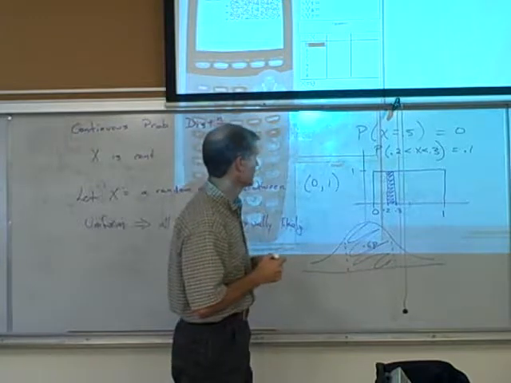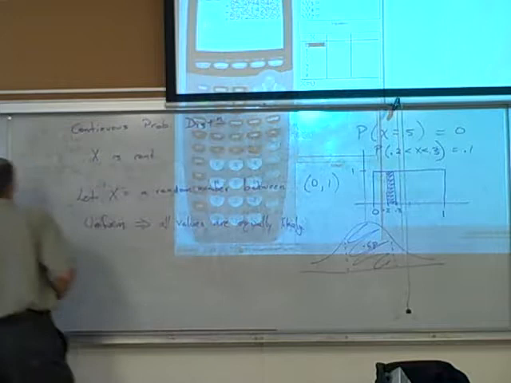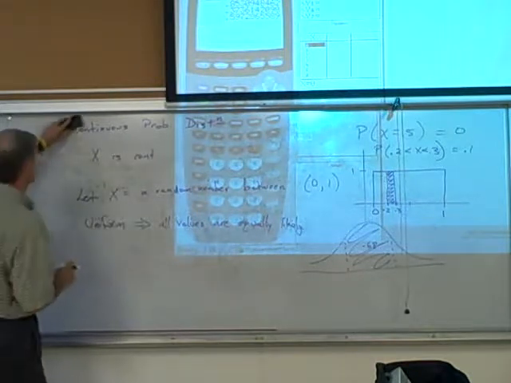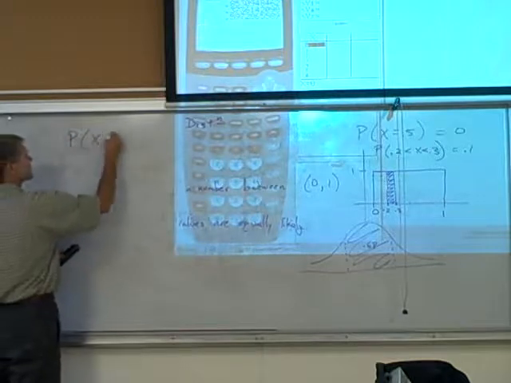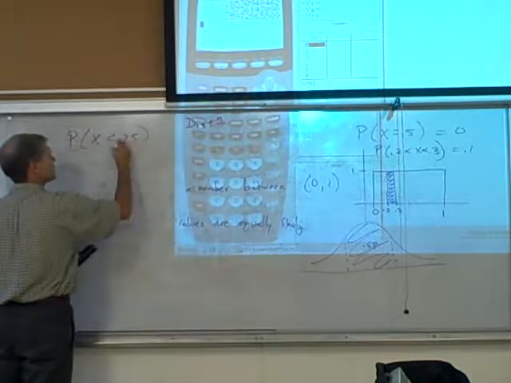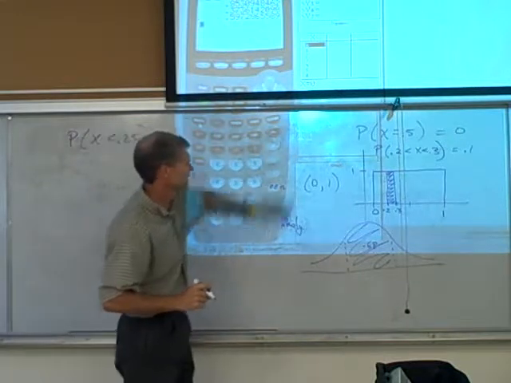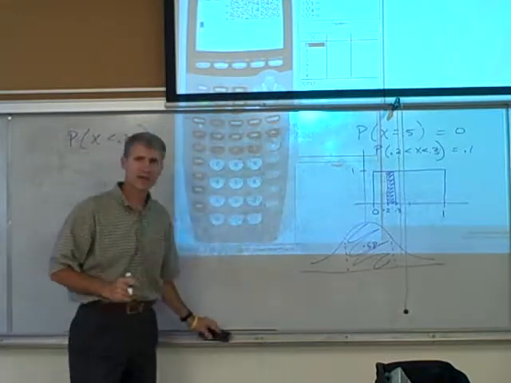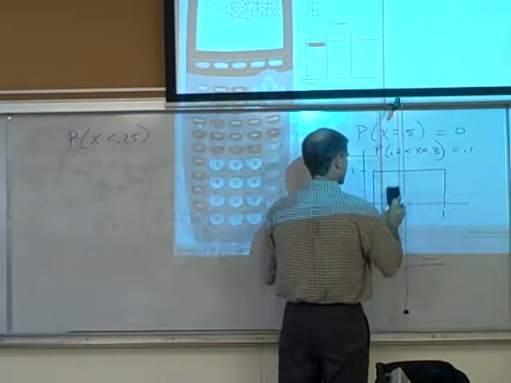What's the probability of getting a random number that is less than 0.25? Probability that x is less than 0.25. 0.25. Why is it 0.25? Well, you can do it by drawing it, figuring the area of a rectangle.